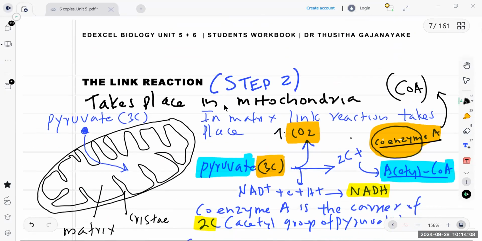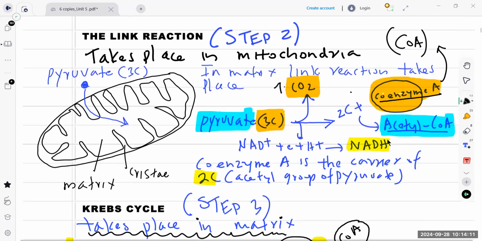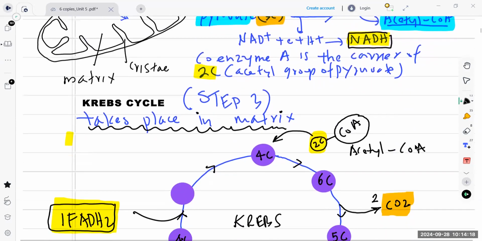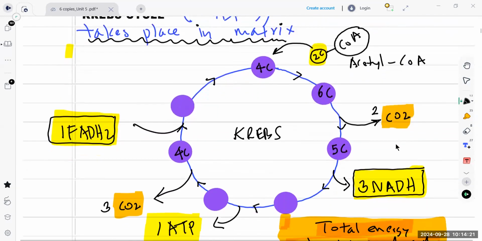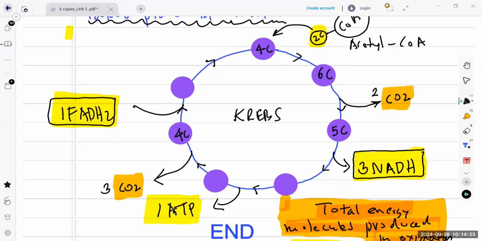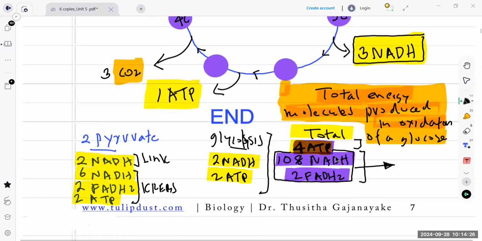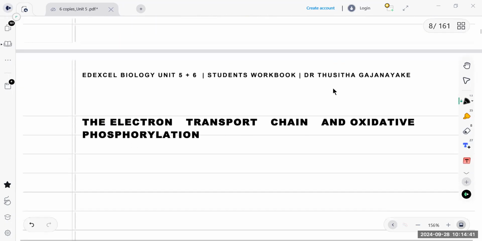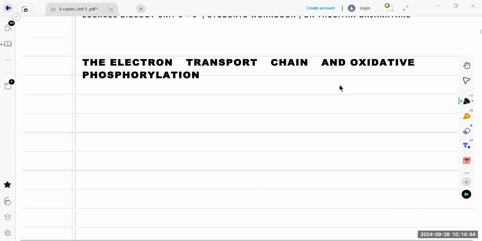The link reaction takes place in the matrix. It only produces NADH and no ATP. Then the Krebs cycle takes acetyl-CoA and completely oxidizes it to produce NADH, FADH2, and ATP. The total energy molecules produced are 4 ATP, 10 NADH, and 2 FADH2. The NADH and FADH2 later move into a completely different process called the electron transport chain and oxidative phosphorylation.